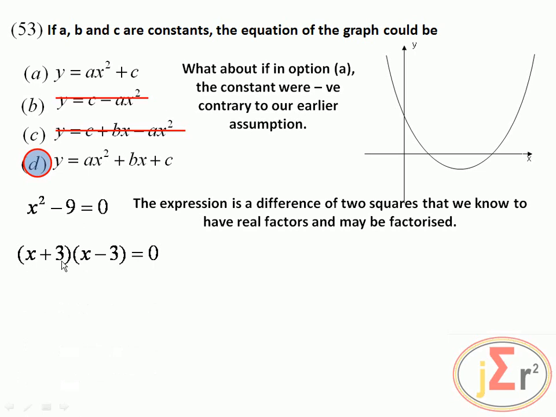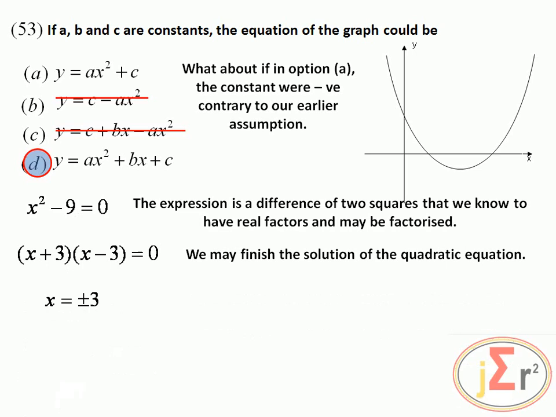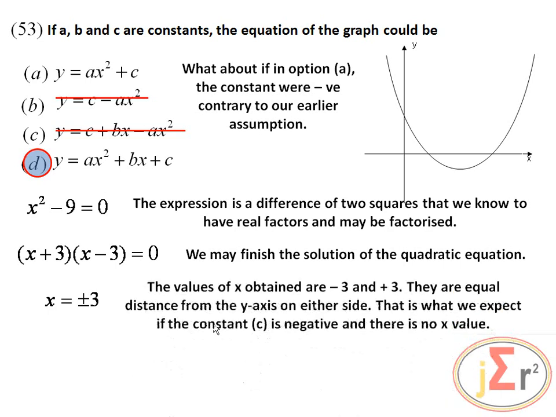These are the factors of x squared minus 9. And the solution we may have as x is equal to a positive or negative 3. The values of x obtained are negative and positive 3.